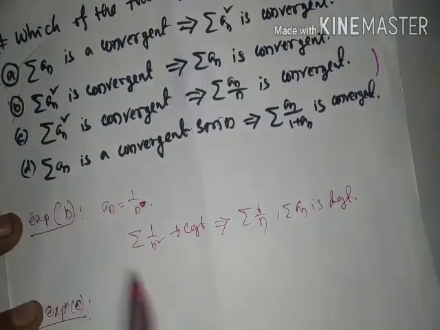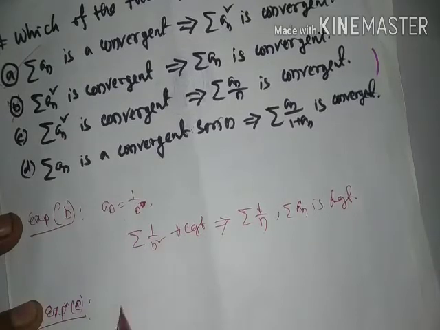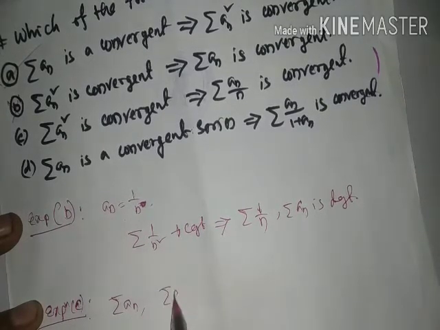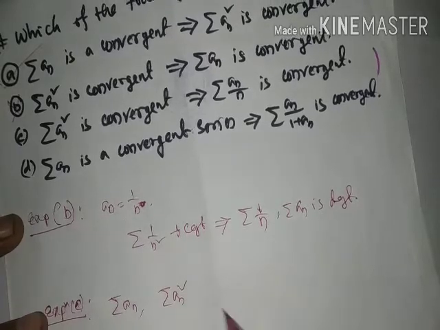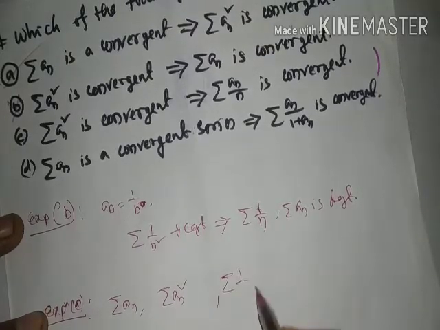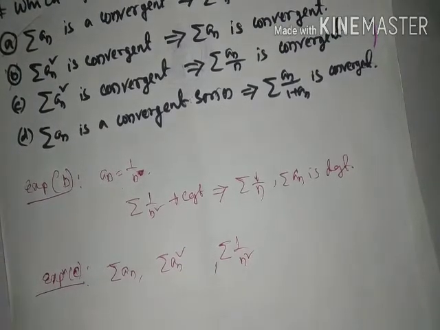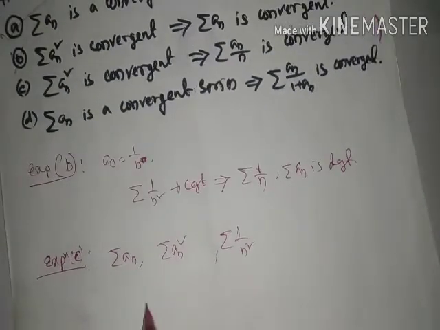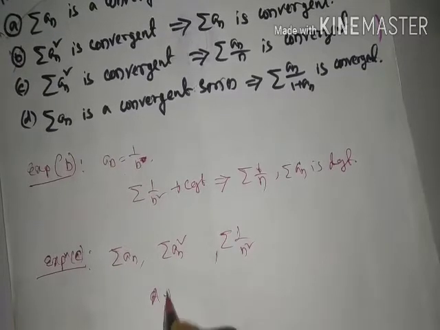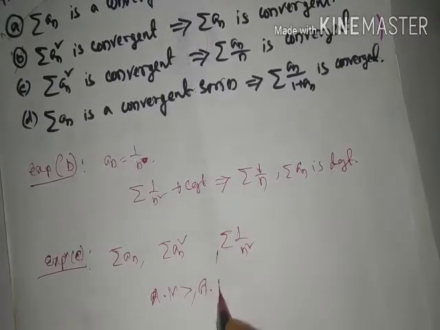Already we proved if series a_n is convergent, then series a_n square is convergent. Also, series 1 by n square is convergent. Now we apply AM greater or equal GM.